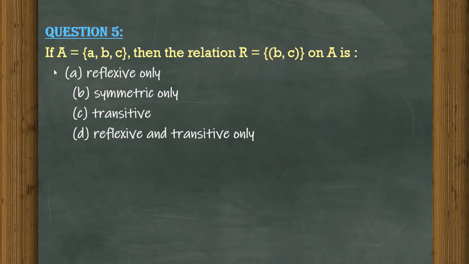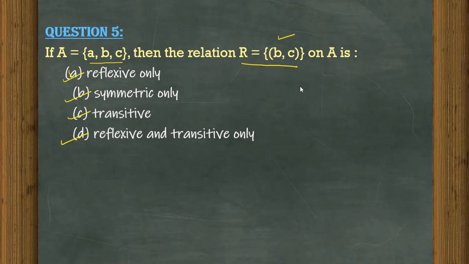In question number 5, if A is equal to {A, B, C}, then the relation R is {(B, C)}, only BC ordered pair is there, on A is, ये क्या है? Reflexive only और symmetric only और transitive only और reflexive and transitive only. इसको हम कैसे निकालेंगे? R is equal to BC, so it is not reflexive.